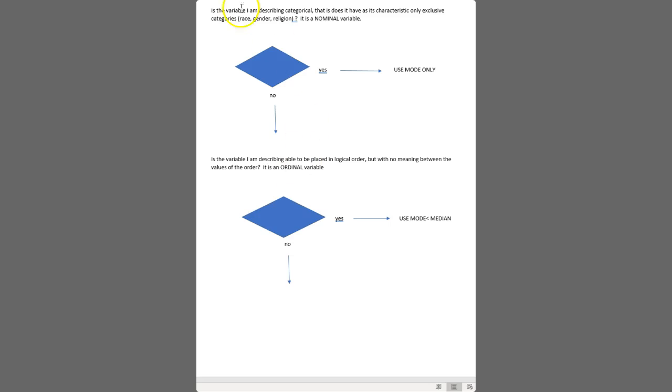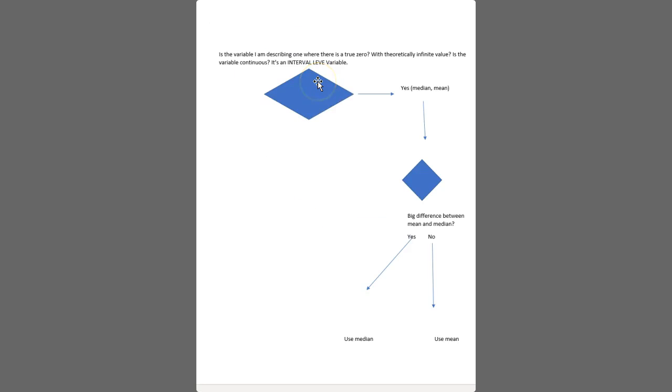Is the variable I'm describing one where there's a true zero with theoretically infinite values? Is the variable continuous? Then it's an interval level variable, and you want to use the median and the mean. But there's one more step. Is there a big difference between the median and the mean?